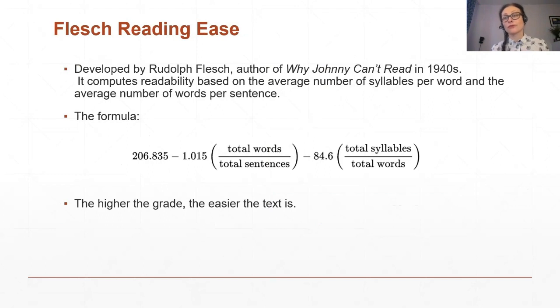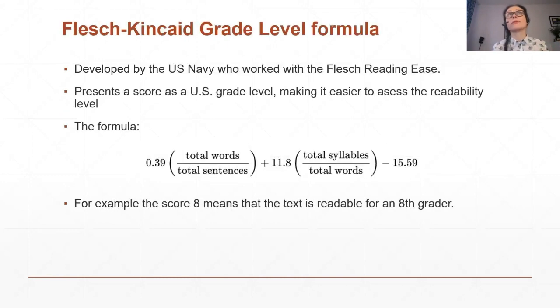It produces a score between 0 and 100. So the higher the score, the easier the text is, and a score between 60 and 70 is considered the most acceptable, so readable.